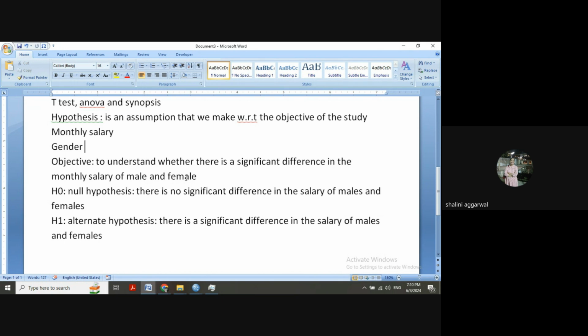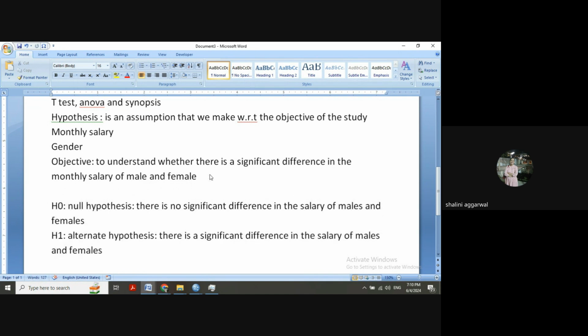Let's say there is an educational institute. There is an assistant professor who has 10 years of experience. So the salary for males and females, let's say it is 1 lakh for both of them.